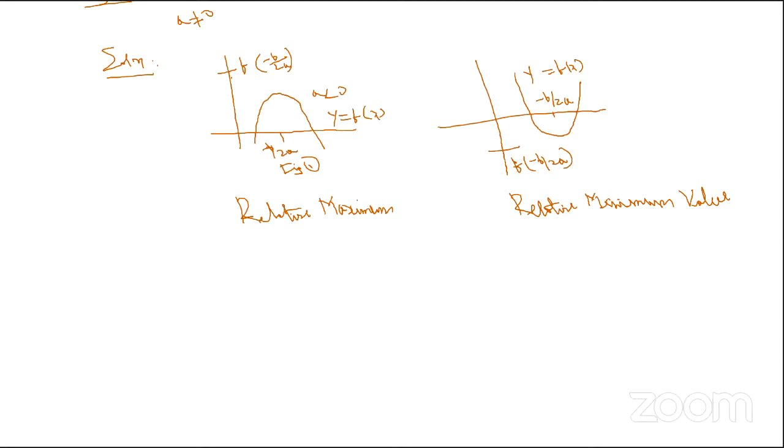So the given function f of x equal to ax square plus bx plus c. That means f dash x equal to 2ax plus b.